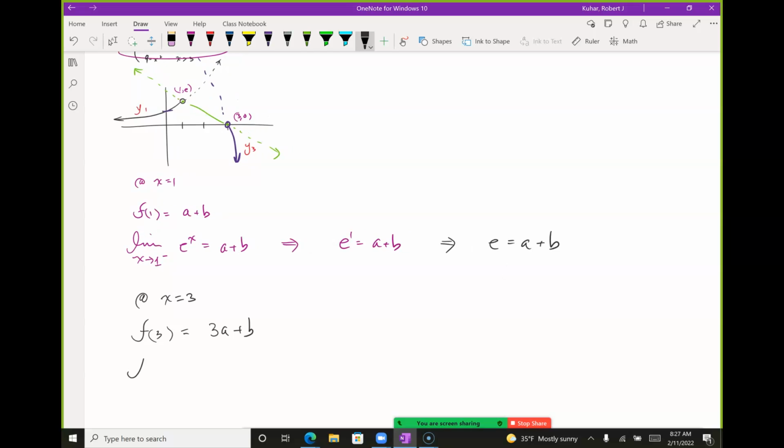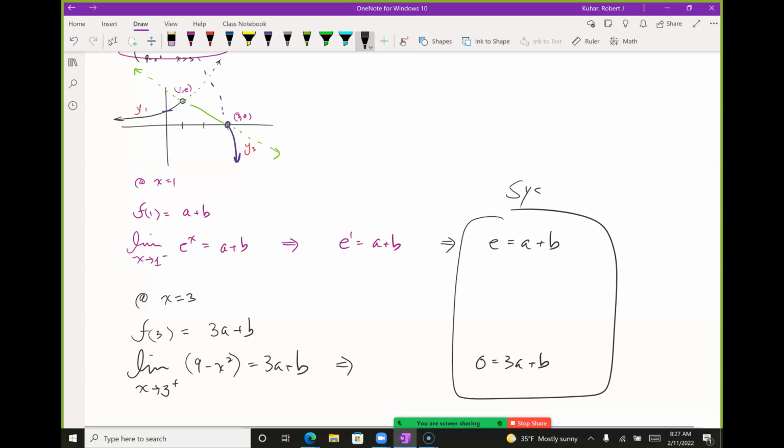I got to find the limit. So now my limit is x goes to 3 from the right of 9 minus x squared. And that value should be 3a plus b. And that gives me what? 0, right? 0 equals 3a plus b. Don't let me go too fast there. Make sure you agree with me that I get my system like this.